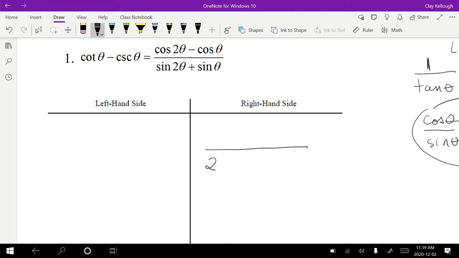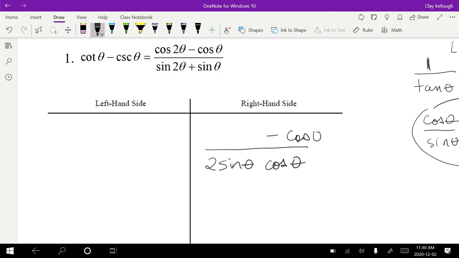Oh, well, never mind. This is the page I want it to be on, right? My pages aren't even numbered the same as yours. Whatever. Okay, sine 2 theta is 2 sine theta cos theta. Right? Is that legible?